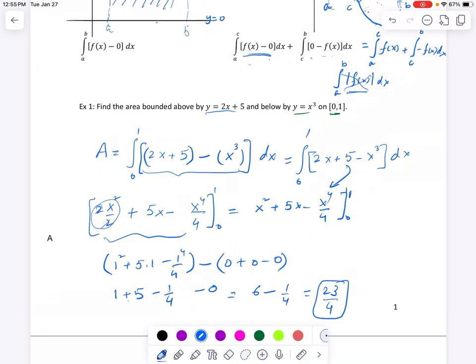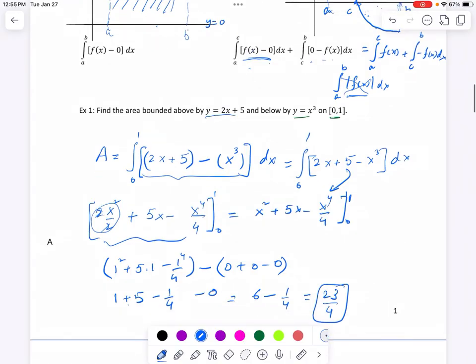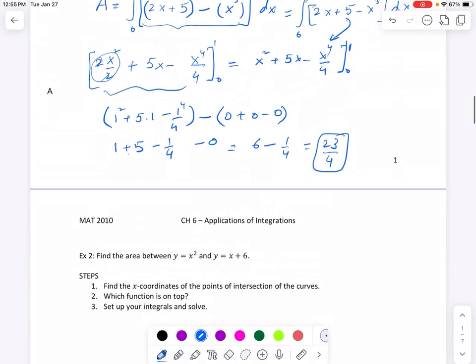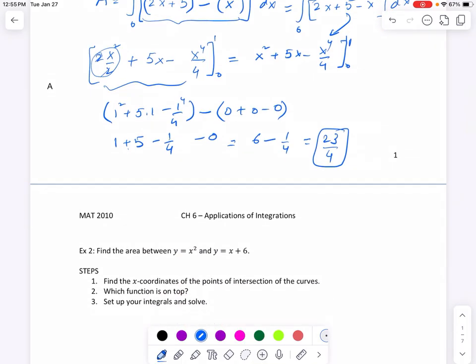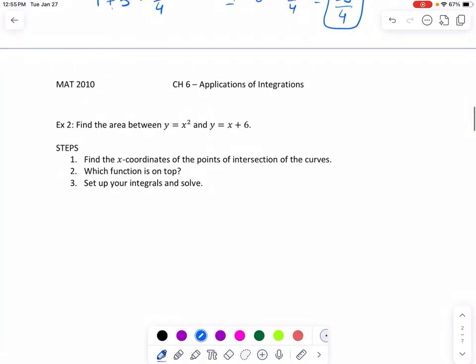Let's look at another example. This says find the area between y equals x squared and y equals x plus 6. So we don't know which one is going to be above.